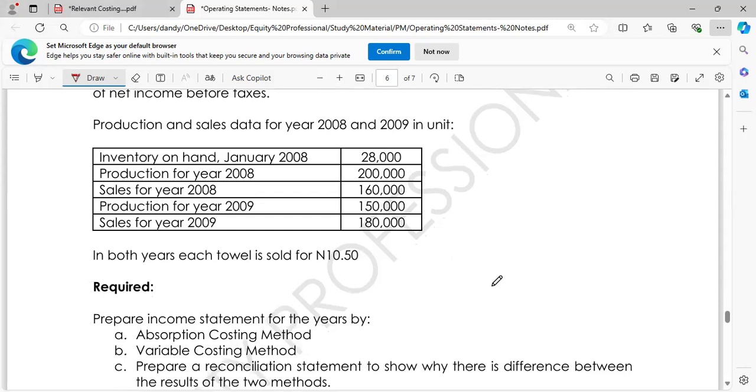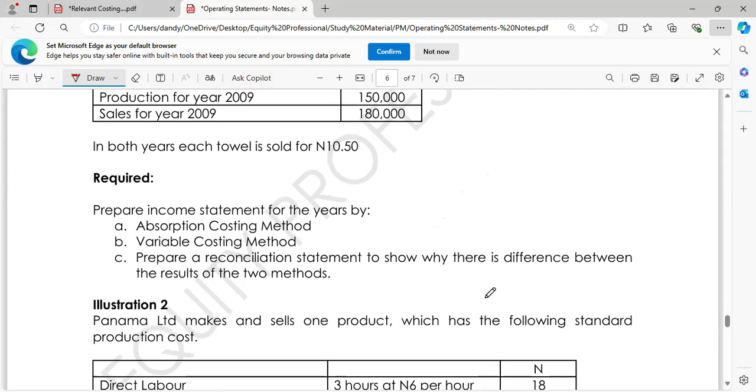Sales for year 2009, 180,000. In both years, each towel is sold for 10.5. Required: prepare income statements for the years by A. Absorption costing method, B. Variable costing method. C. Prepare a reconciliation statement to show why there is a difference between the results of the two methods.